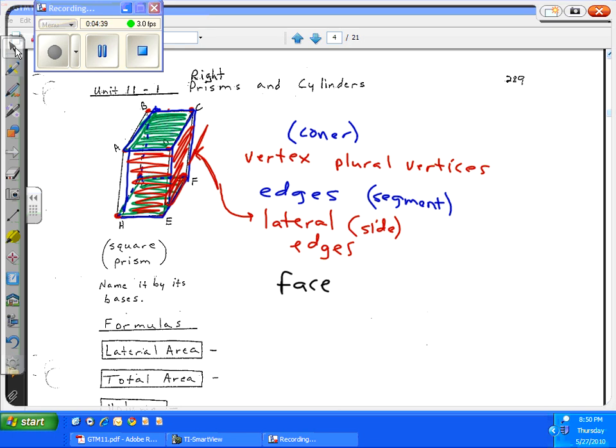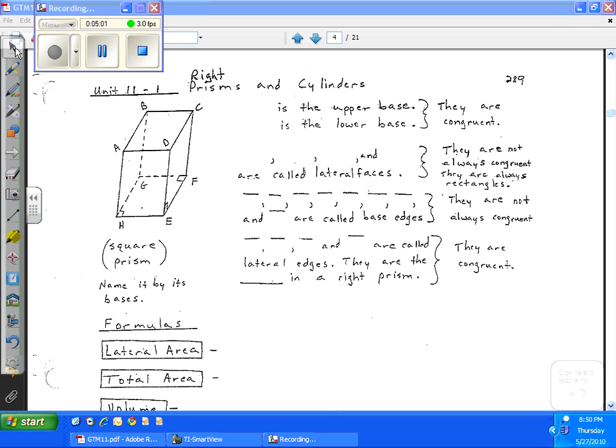And the green was called the bases, okay? All right, so there's the parts of a polygon. Vertices, edges, faces, lateral edges, base edges, lateral faces, and bases. Okay, and you can study all of that.